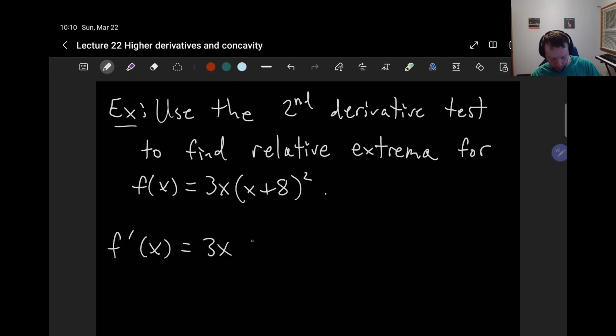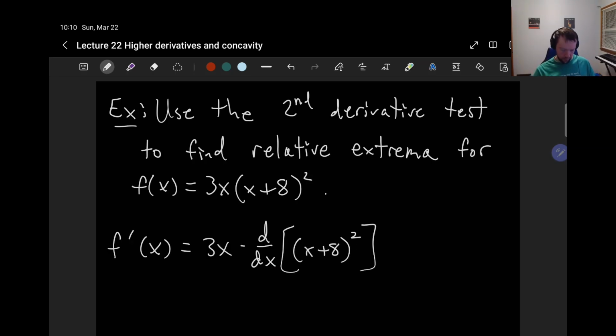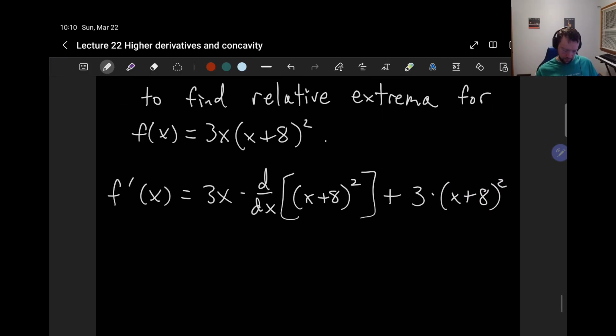I'm going to leave the first one alone, then take the derivative of x plus 8 squared, then plus the reverse, take the derivative of 3x, and then I leave the other one alone. Notice that this here is chain rule because I have a function x plus 8 inside of a squaring function.